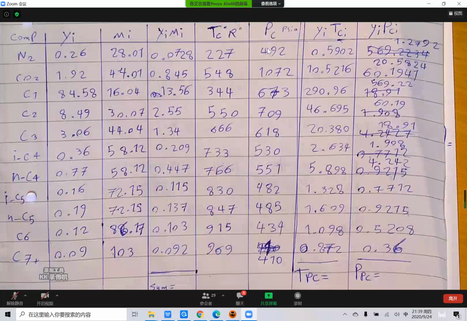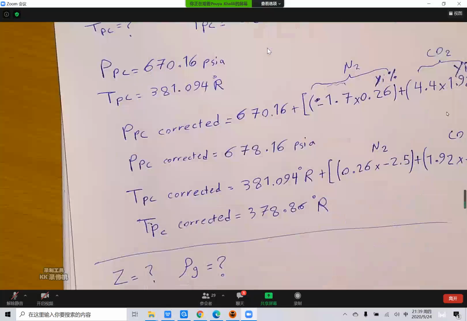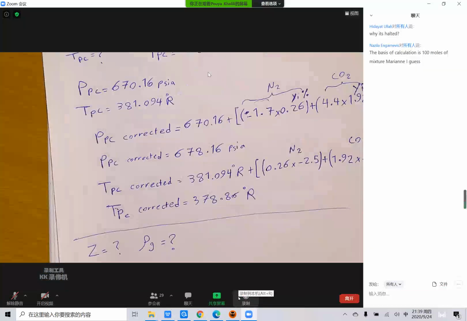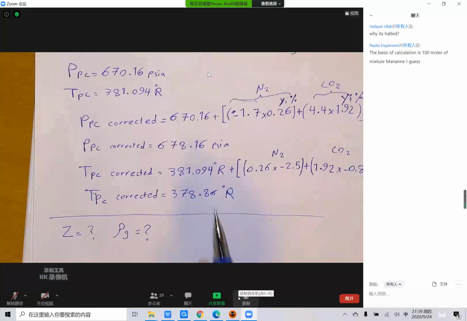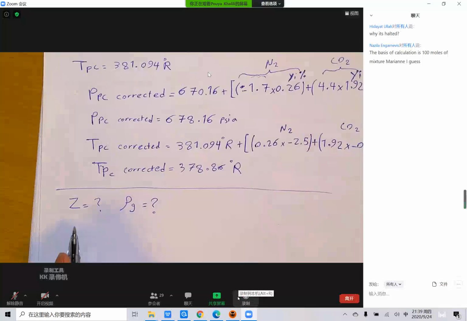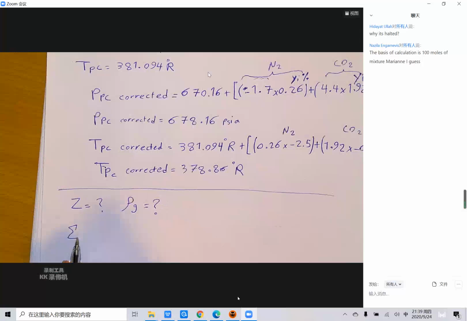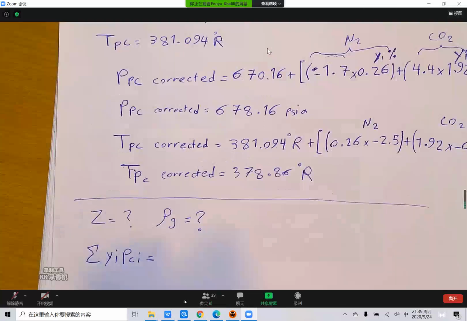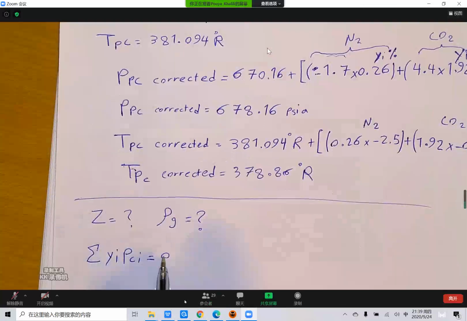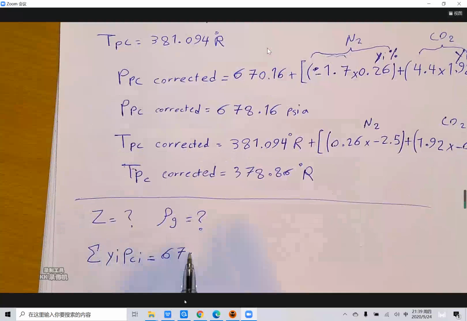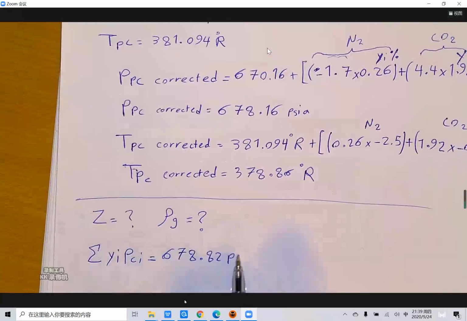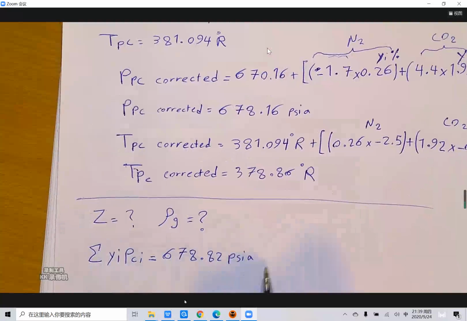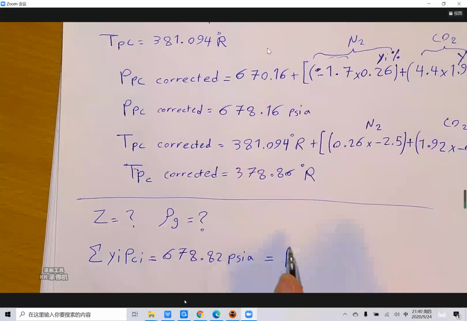So let's get straight to the values. The sum of all the critical pressures multiplied by mole fraction gives us 678.82 psia, that is the pseudo-critical pressure.